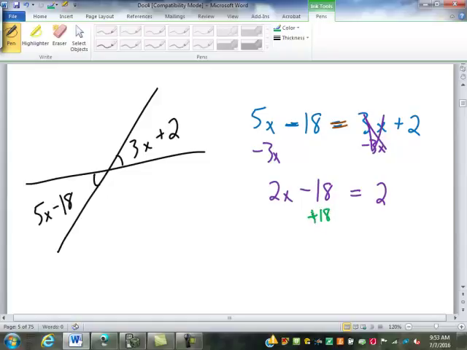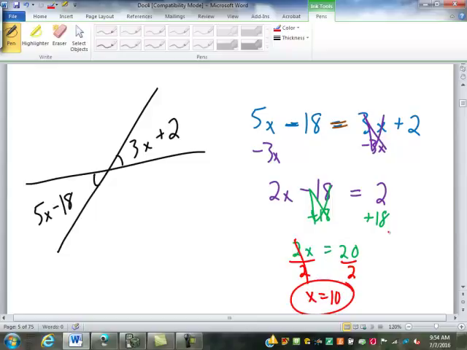Plus 18, good. So 2x equals 20. And then divide by 2, perfect. So x equals 10. So now we have to plug that back in and see what each angle is. So 3x plus 2 becomes 3 times 10 plus 2. 3 times 10 is 30, plus 2 is 32.